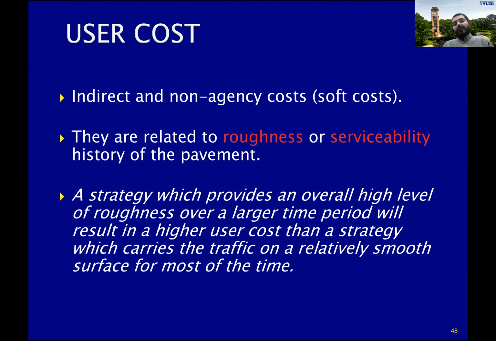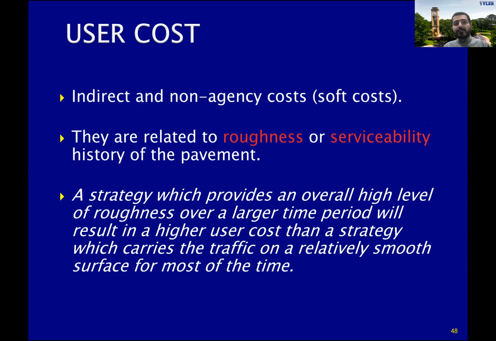How about the user cost? Very important, but it's very hard to incorporate. This is actually an indirect cost. User, as it says, user cost. It's us as drivers, as users of the roadway. It's very indirect and it's a non-agency cost. It's actually soft costs.